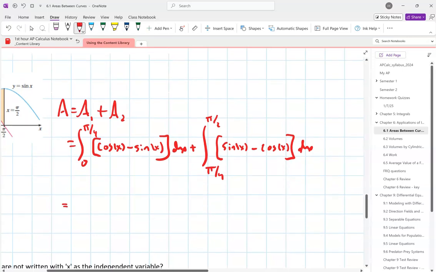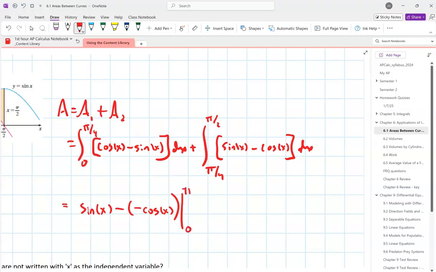What's the antiderivative of cosine? Sine. What's the antiderivative of sine? Negative cosine, right? And then the same idea here, right?